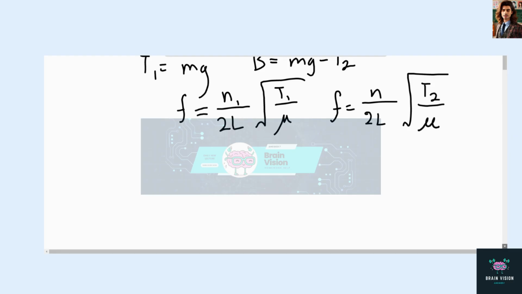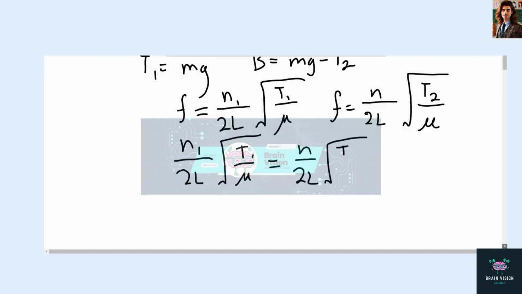And since these frequencies are the same, we can set these two equations equal to each other. So n1 over 2L times the square root of T1 over mu is equal to n over 2L times the square root of T2 over mu.